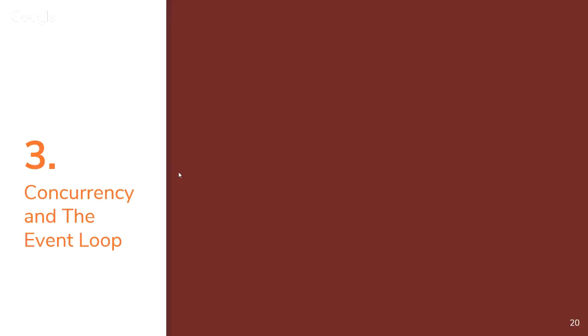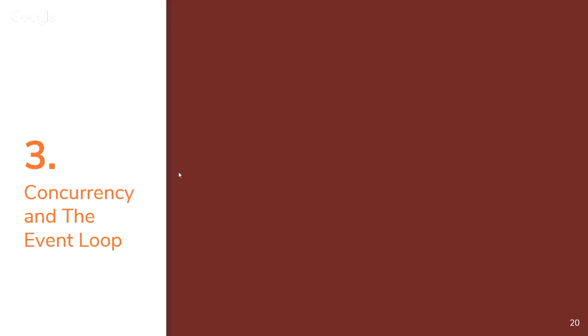Remember that JavaScript is a single thread language. Like we said earlier, we can only execute one line of code at a time in JavaScript. Essentially, we can't actually do two things at once.